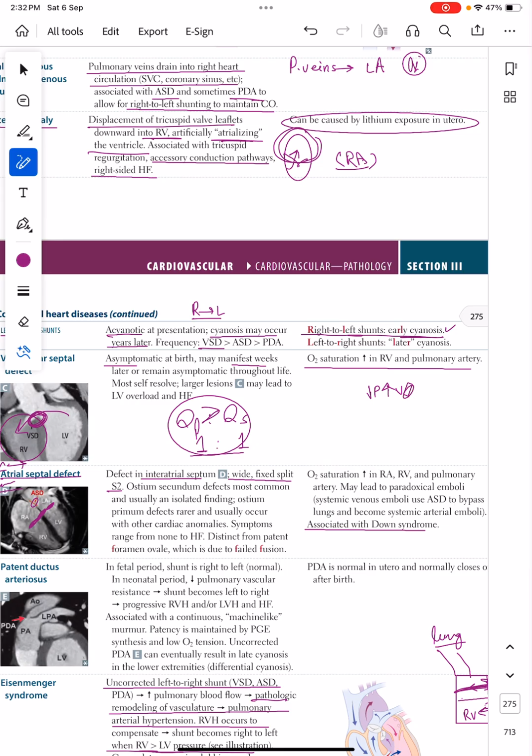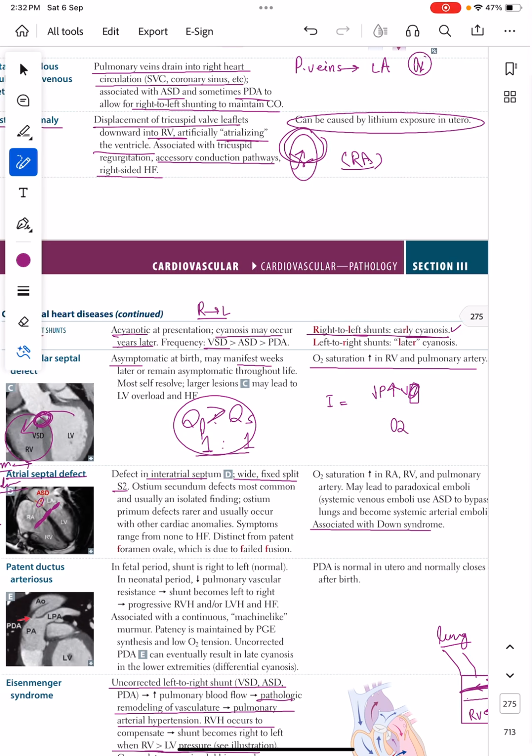So whenever the venous return increases during inspiration, it results in the pulmonic valve closing later than the aortic valve. Why? Because the right side of the heart is filled with blood, so it will take more time for the pulmonic valve to close than the aortic valve.